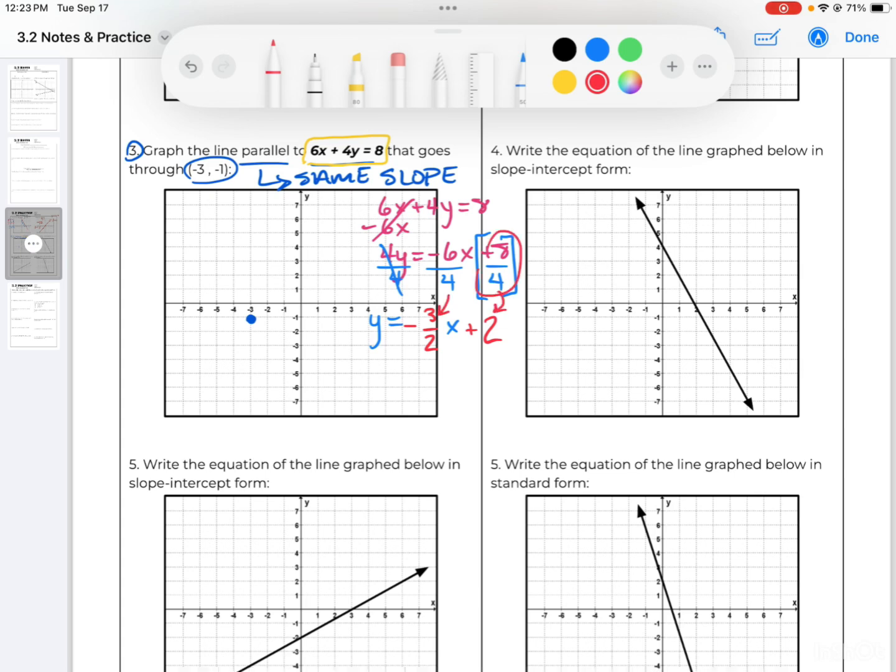So those can both be simplified. And now I've got this equation in slope-intercept form. My y-intercept is positive 2. My slope is down 3 over 2.